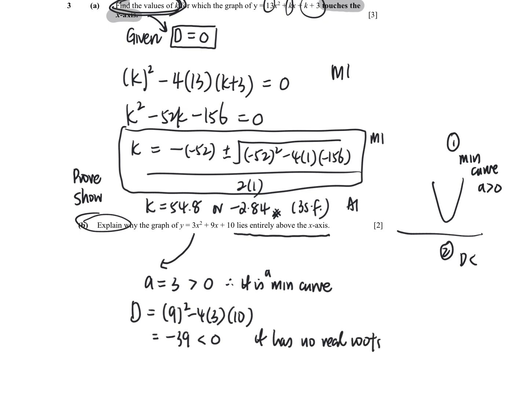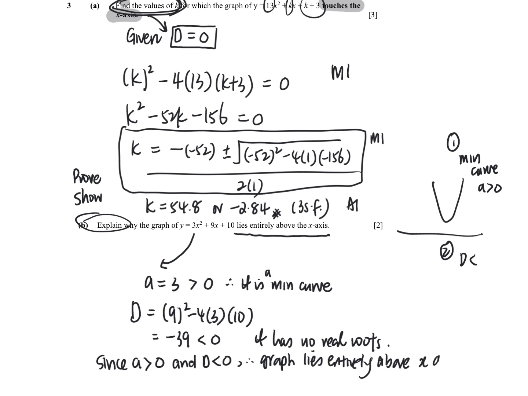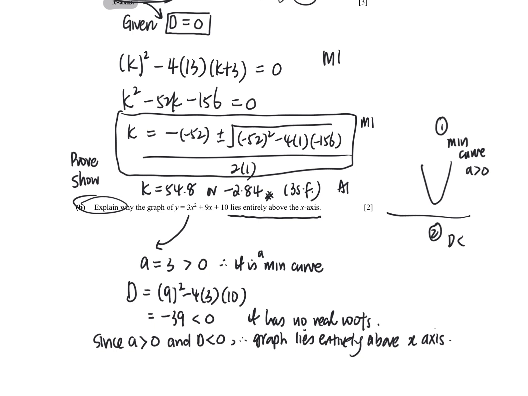So if you combine these two, since a is greater than 0 and D is less than 0, therefore the curve lies entirely above the x-axis. These are the two things you need to prove to me. Sometimes they will say always positive. It's also the same thing.